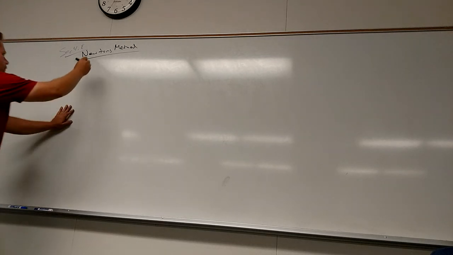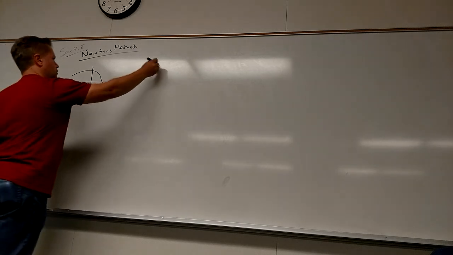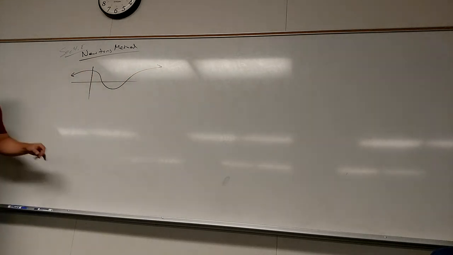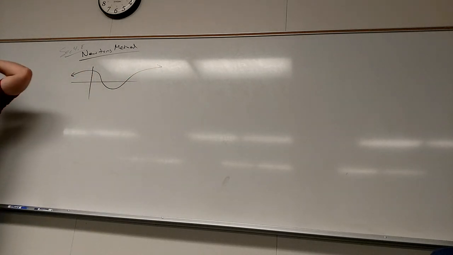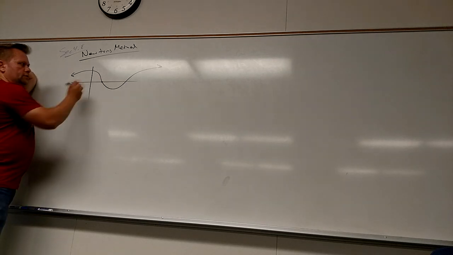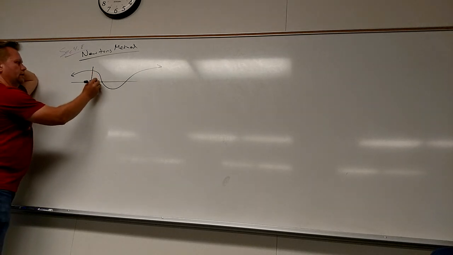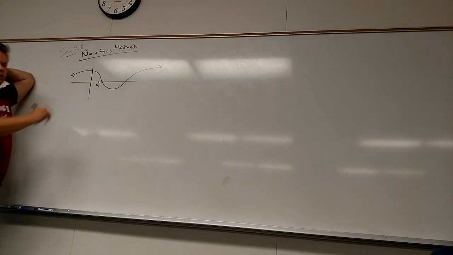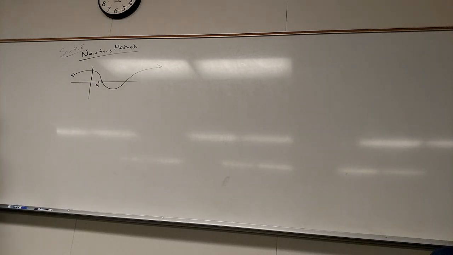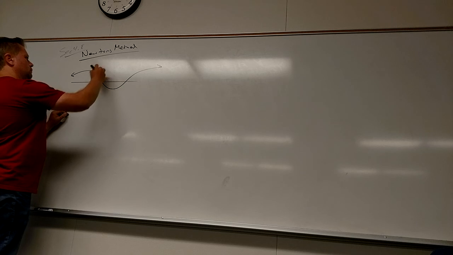So if I have some function, there are two roots to this function, right? Let's say I want to figure out what this root is, and I take a guess. I can kind of tell it's close to this. There's my first guess. Call it x1. So here's the actual value at x1.